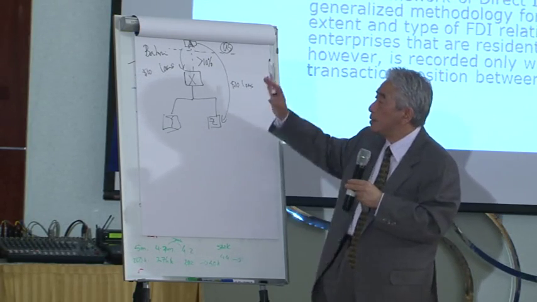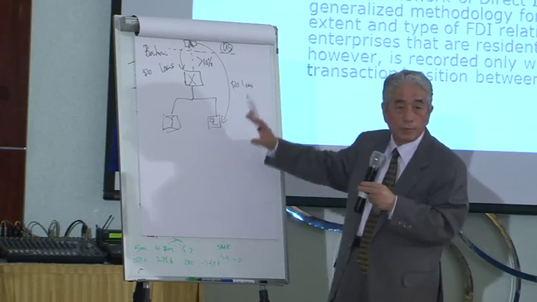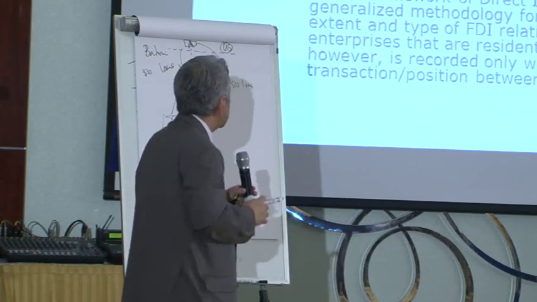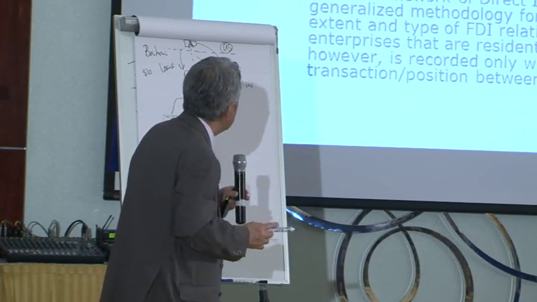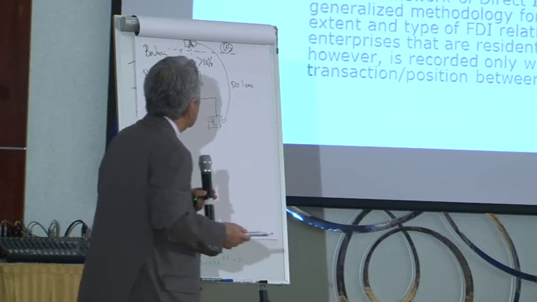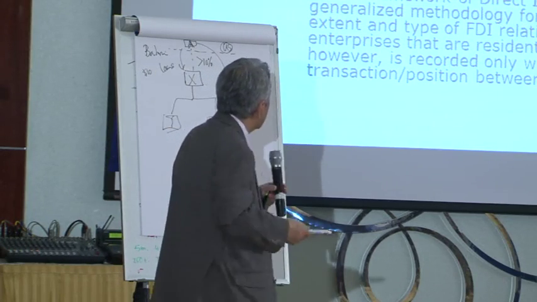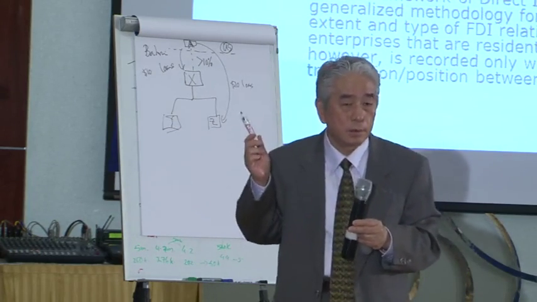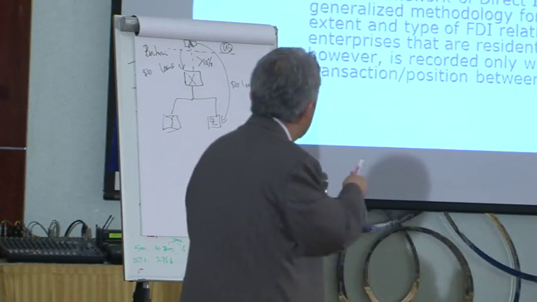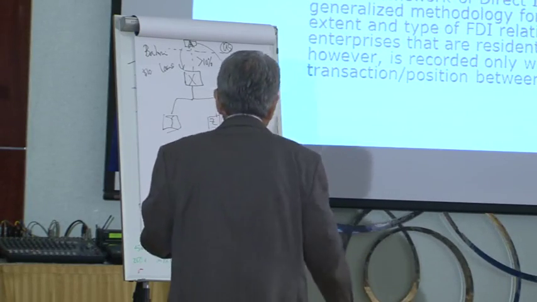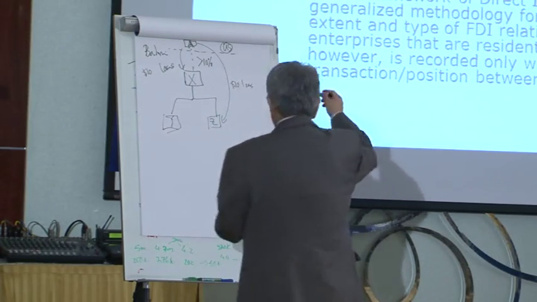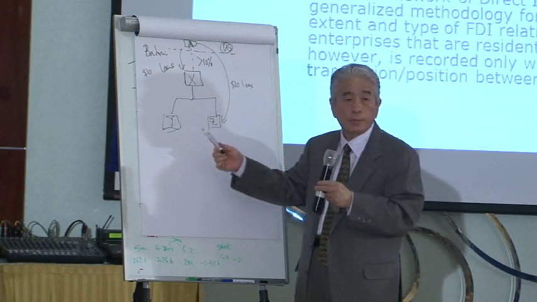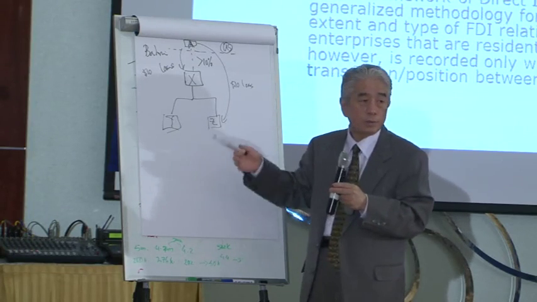In this case, we look at the structure of the companies by several methods. First, the US method: as long as the parent company owns more than 10% of any of these, it should be included.